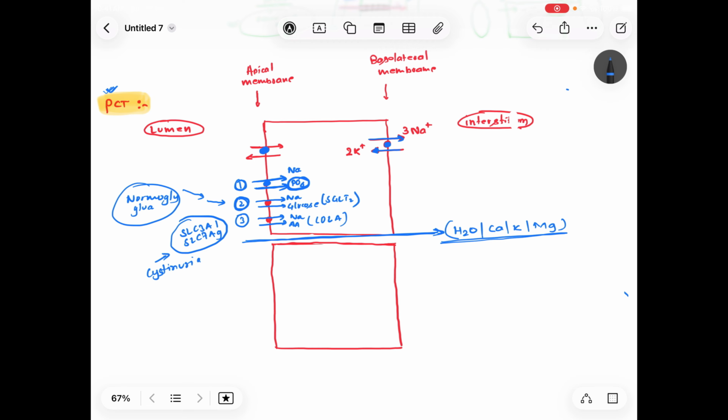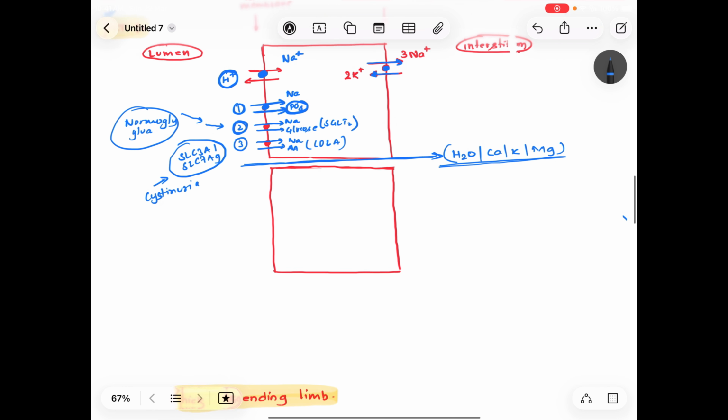Now we already discussed the symporters, the co-transporters. Now coming to the antiporters. In antiporters there is movement of a positive ion like sodium in exchange with a positive ion like H+. So this antiporter helps in acidification of the urine.